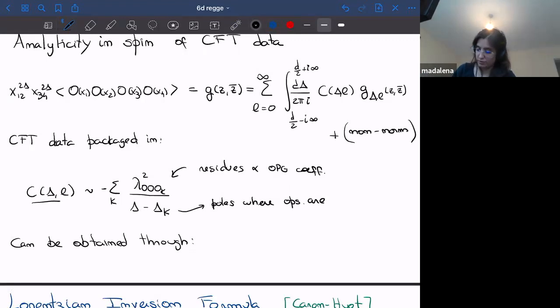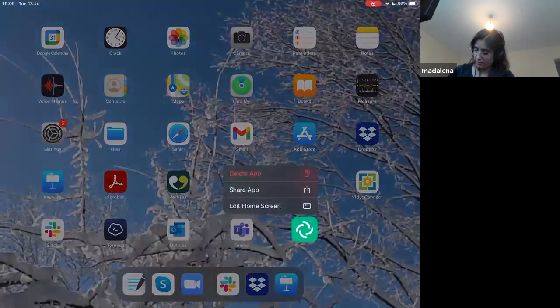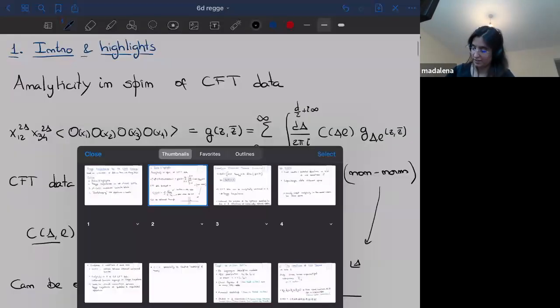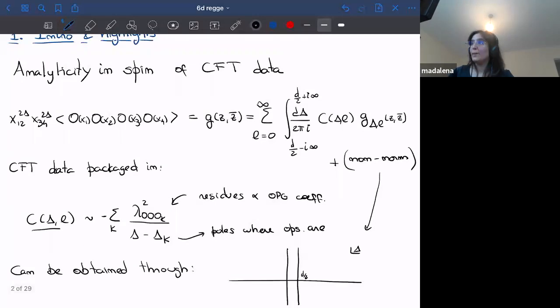So this function has poles where the operators are, and here in this integral I'm integrating in Δ along this line, from minus i infinity to plus i infinity. So here we're integrating like this, and then you can see how you recover the normal OPE decomposition you'd be familiar with just by deforming this contour here and picking up the poles along the real axis where the operators are.